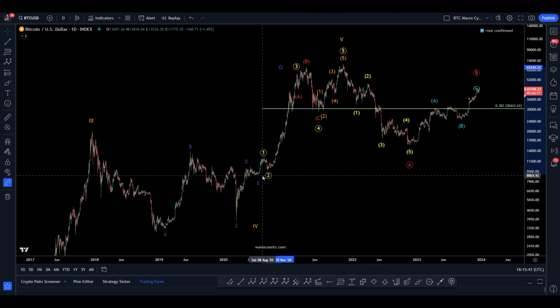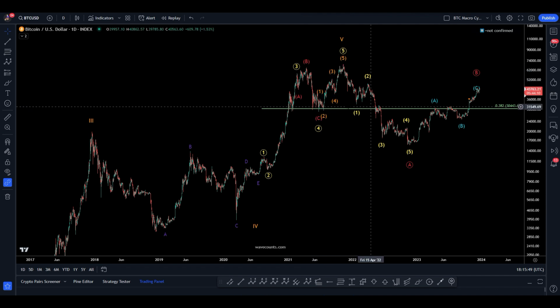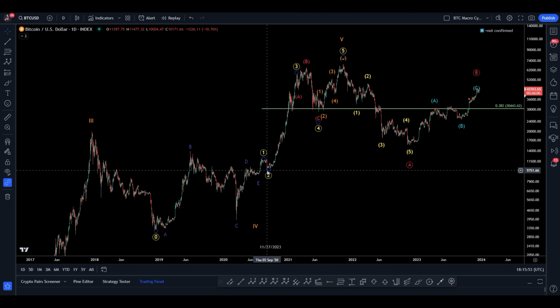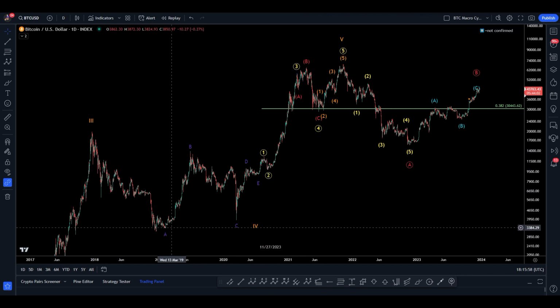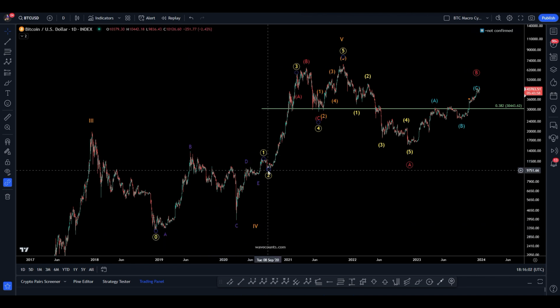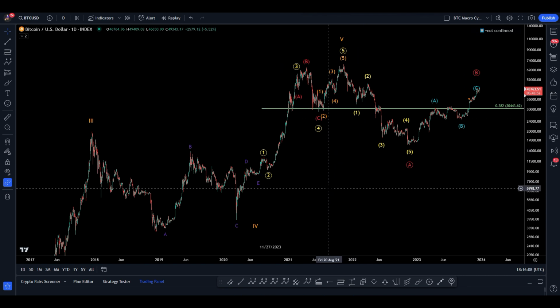Even more interesting is that if we measure the retracement level for the fourth wave, assuming that this is your 1, 2, and not something bigger out here, if this is your 1, 2, you get a 38.2 retracement, which is what a wave 4, a fourth wave, is supposed to do.